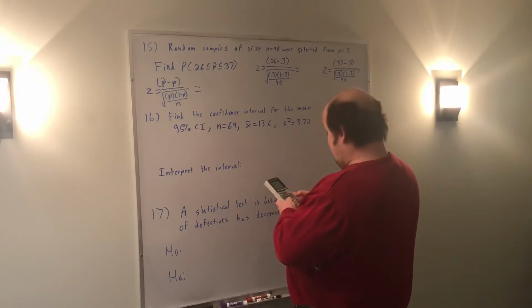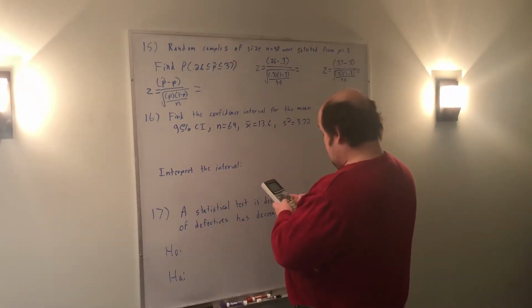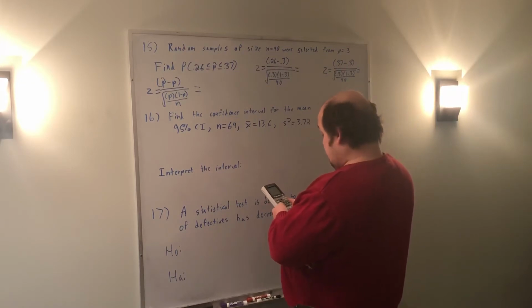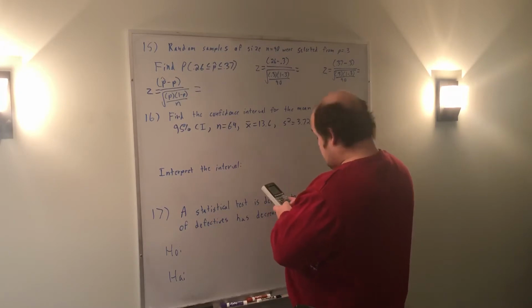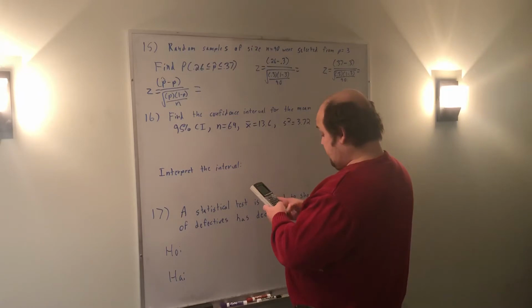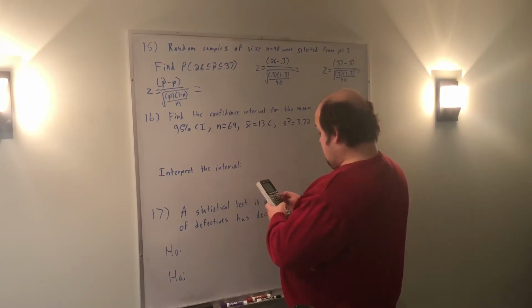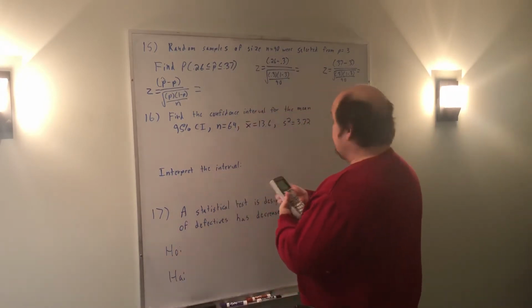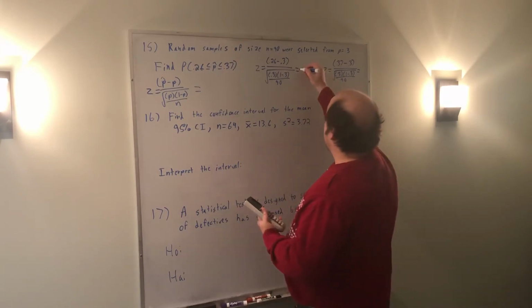My first z-score: (0.26 minus 0.3) divided by the root of ((0.3)(1 minus 0.3) divided by 90). When I put all of that in, I get negative 0.828, which I'm going to call negative 0.83.